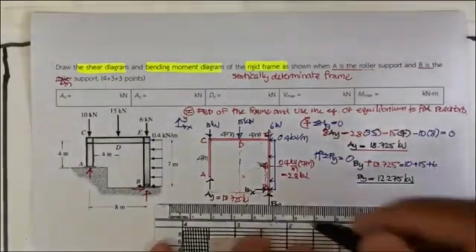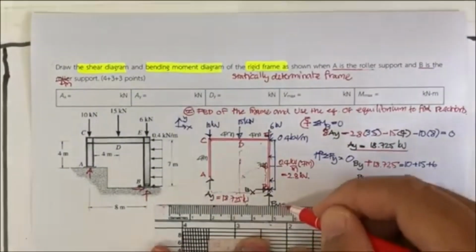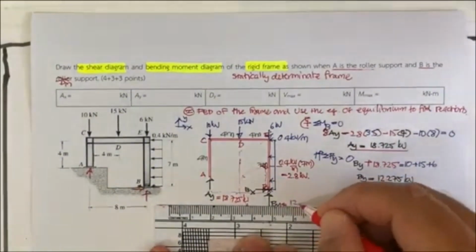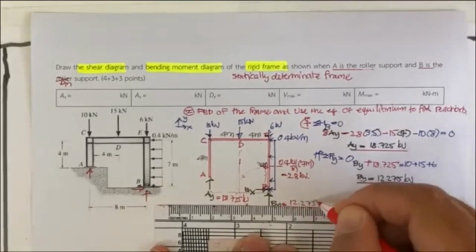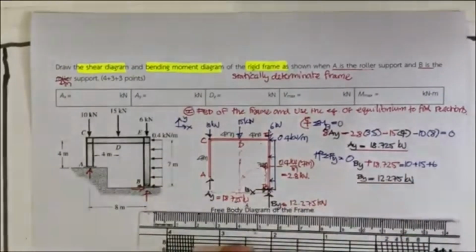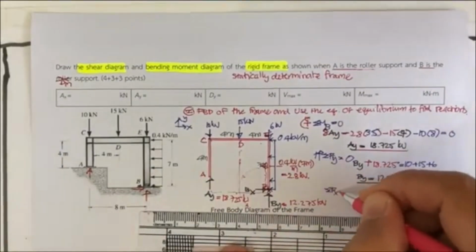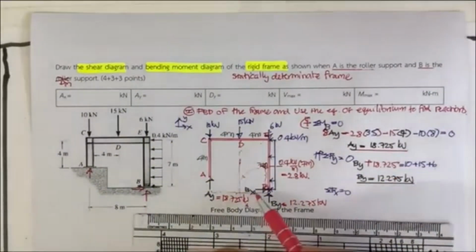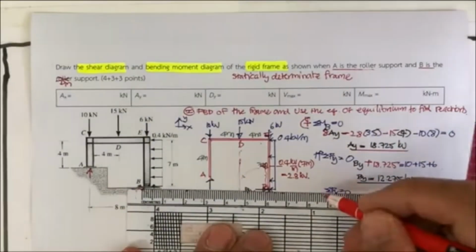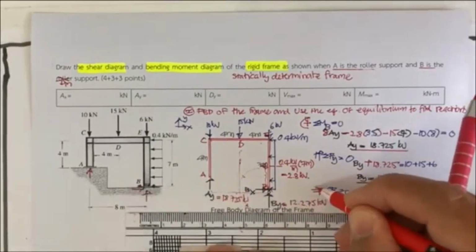12.275 kilonewton. And the last one we have is the B sub X. So summation of F sub X equal to 0. The B sub X is pointing to the right, so to the right is positive.